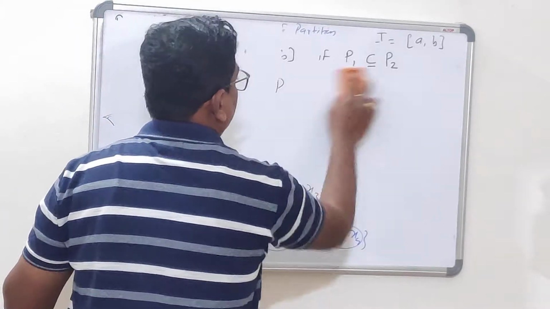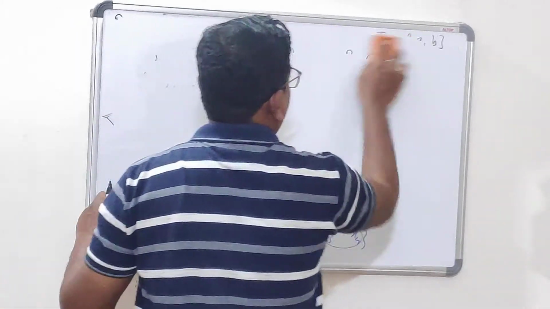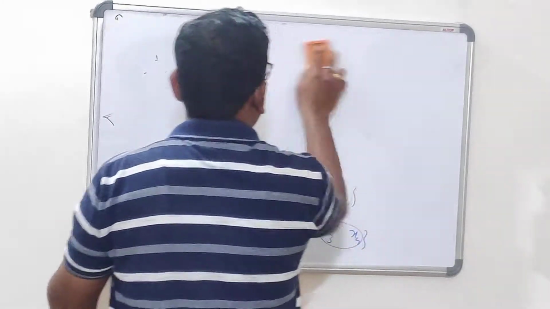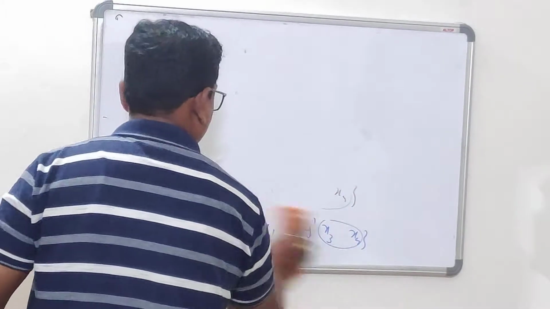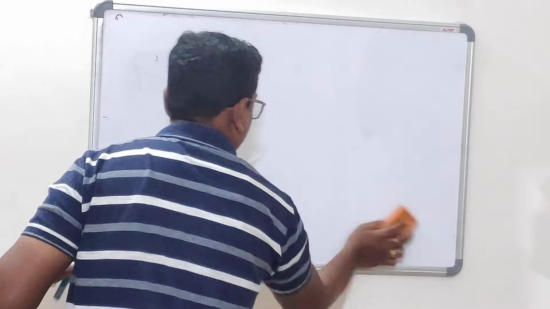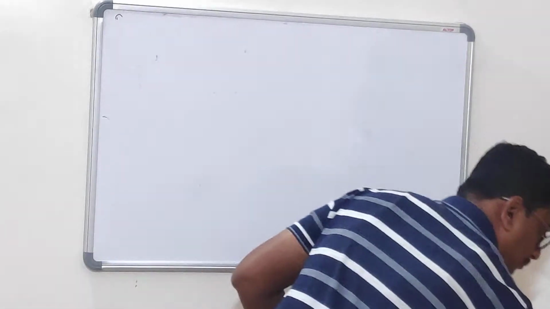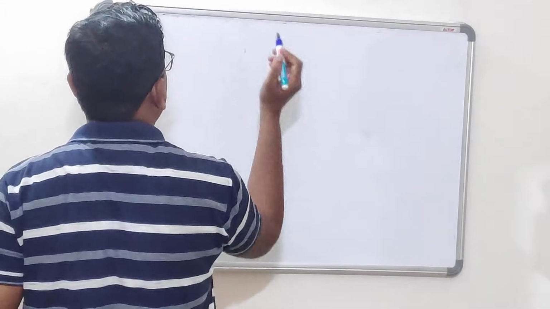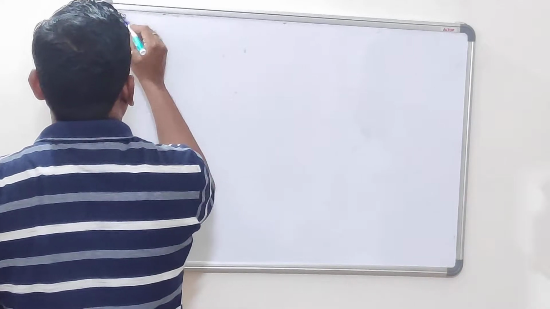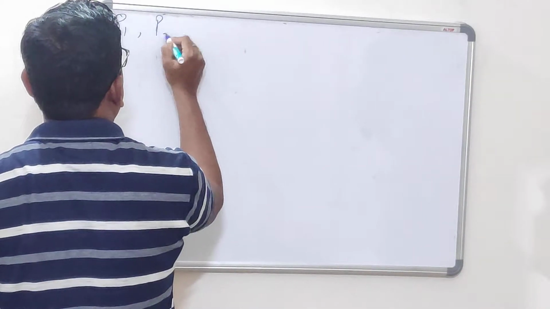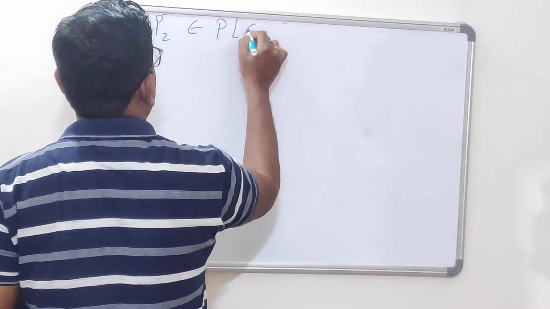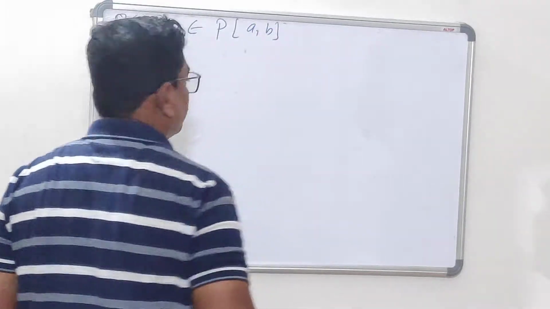There is another term, the common refinement. Let P1 and P2 be two partitions of any closed interval [a, b].